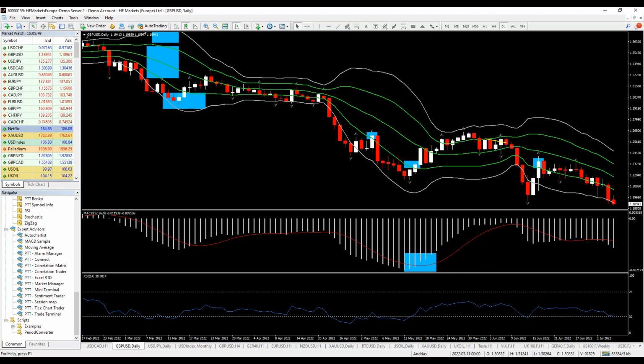Let me go backwards, like what happened here. Here, it was above, and it entered and closed below the upper 1 standard deviation. So if something like that happens, you can enter short.